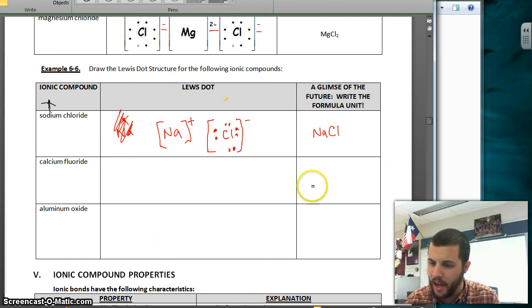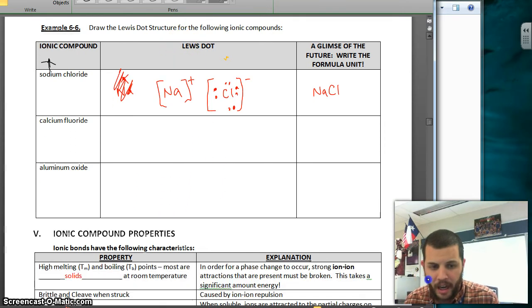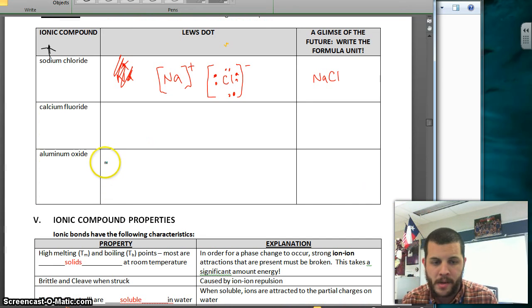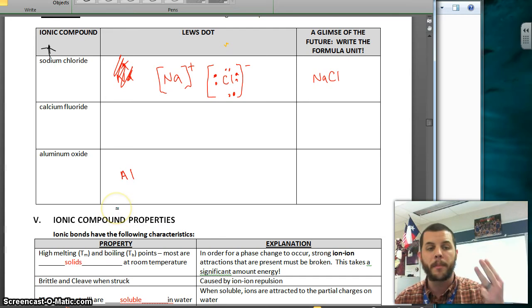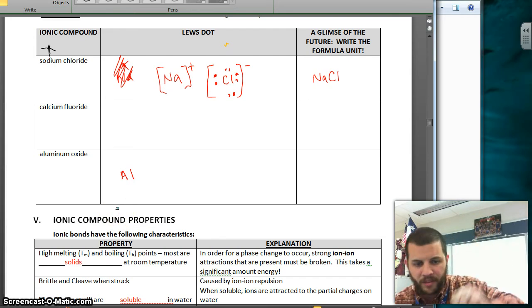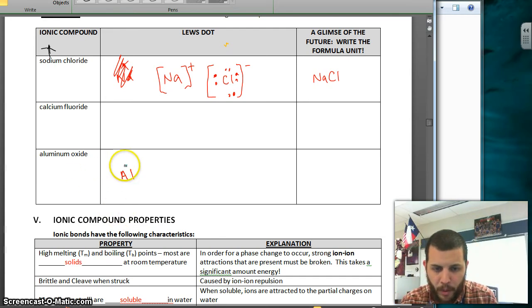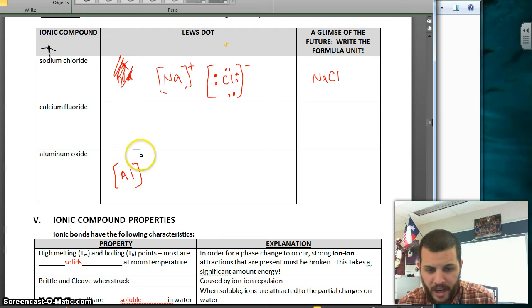Let's take a look at another one. This one's a little tricky down here. So I've got aluminum oxide. So aluminum is in group 13. So since it's in group 13, that tells me it's going to have 3 valence electrons. Since it's a metal, I know it's going to lose all 3 of those electrons. And so when it loses all 3 of those electrons, its Lewis dot structure is +3.